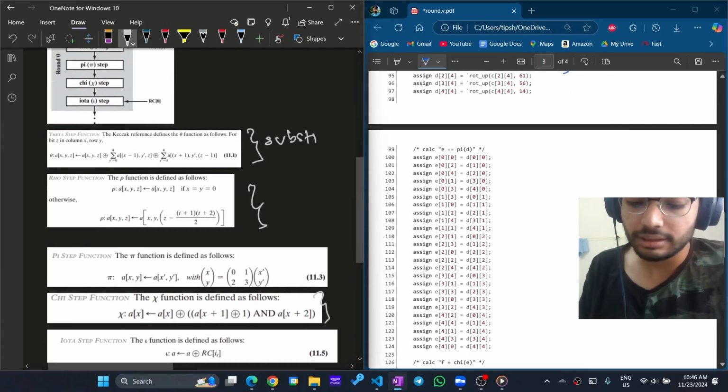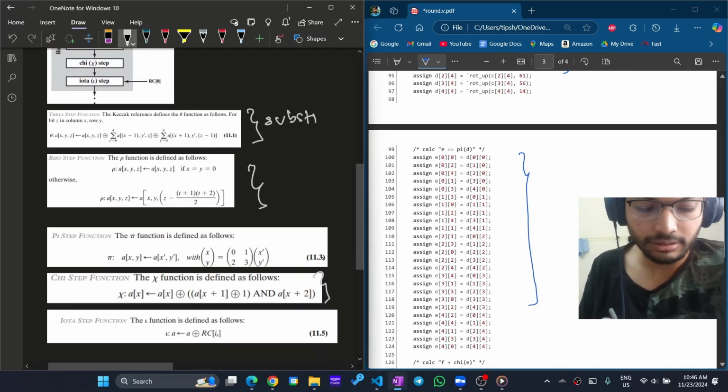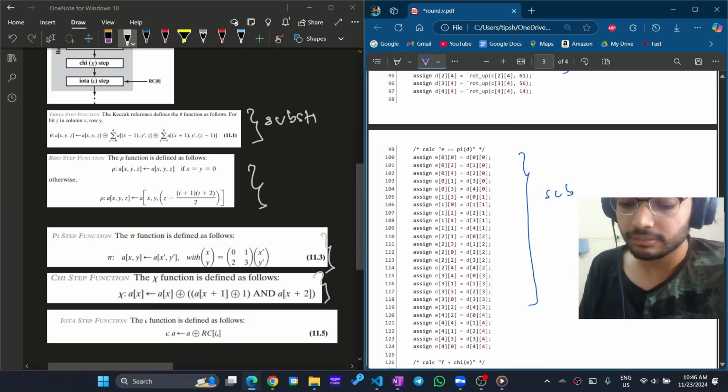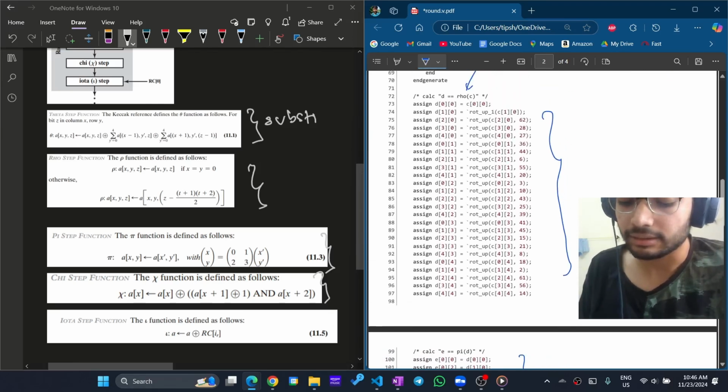Then this D matrix is given to the pi function, which computes a specific permutation, similar to the rho function, like this.